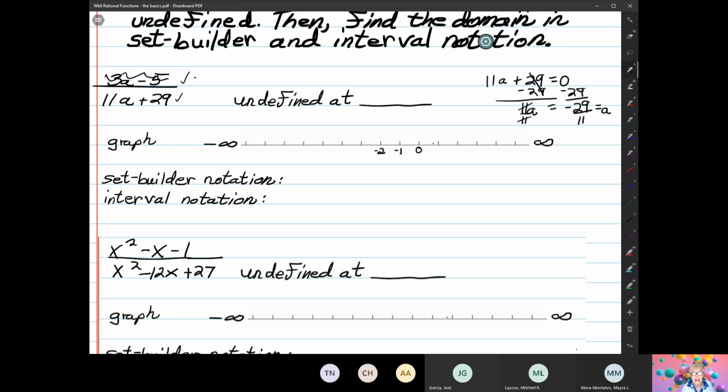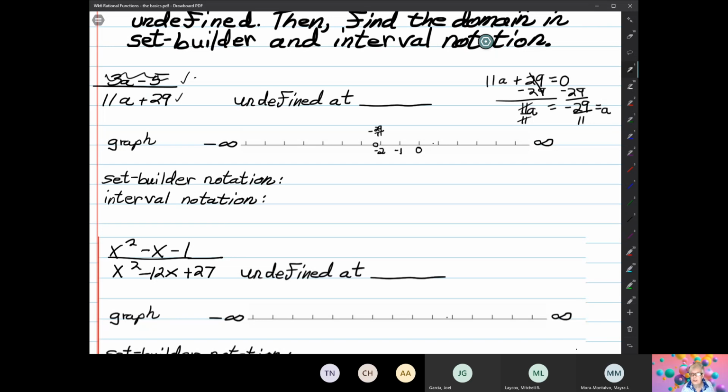I'm going to say it's there. And Miss Barbara, the answer for that would be negative 2.63. Thank you very much. Negative 29 over 11. I am going to pretend it's that circle, right there.